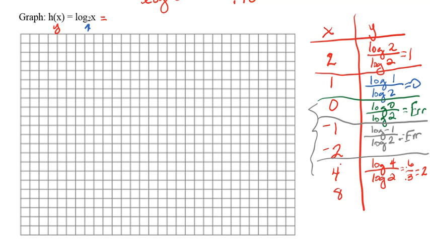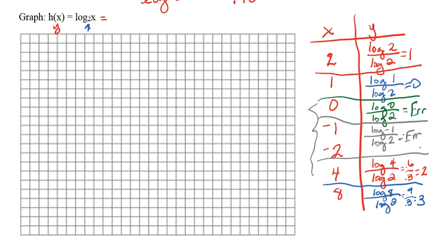My guess is that it's going to be 3. Log of 8 over log of 2. So that's 0.9 divided by 0.3, and that's 3, because 2 to the third power is 8. So that's enough points for us to see what's going on. So I have 1, 0, 2, 1, 4, 2, and 8, 3.